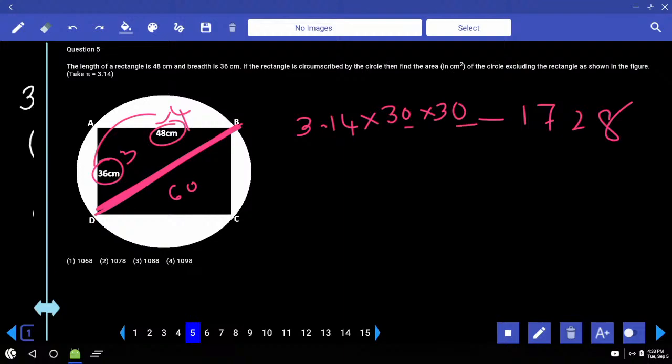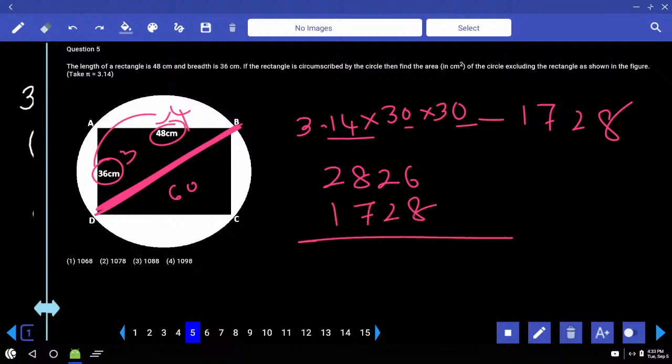So the two zeros will make it 314 into 9. 9 threes are 27 and 14 nines are 126, 2826. Then 2826 minus 1728, that is 1098. Option 4 is the correct answer.